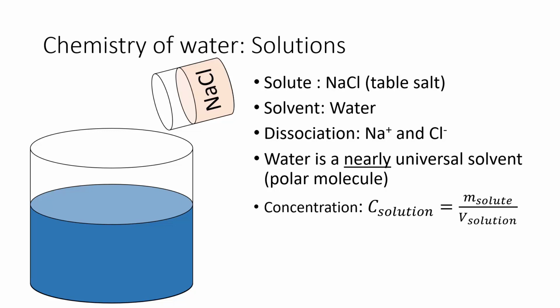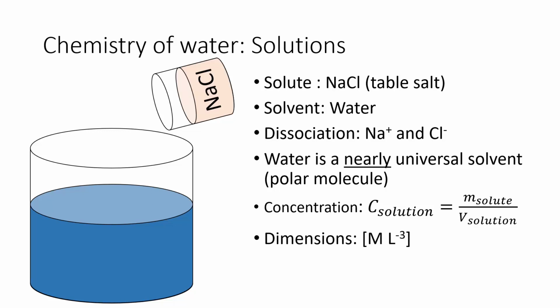So the way we quantify concentrations is with a variable that we might call C of a solution here, or the concentration of a solution. And dimensionally speaking, we can derive what the dimensions of that concentration would be from how we do the calculation with other variables. So one of the ways to characterize a concentration of a solution is to take the mass of the solute and divide that by the volume of the total solution it's dissolved in.